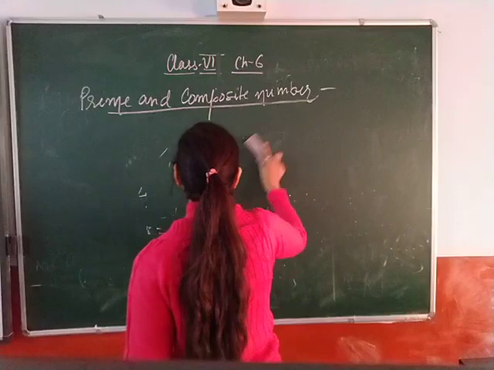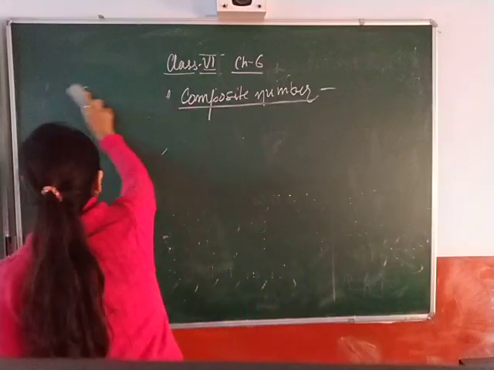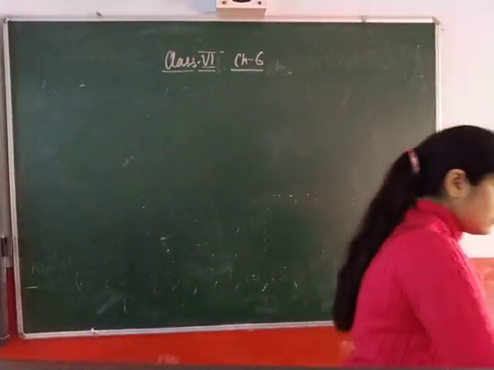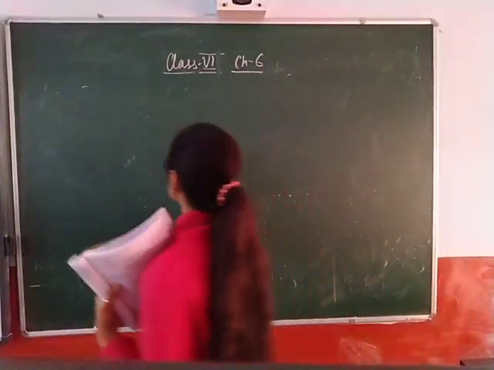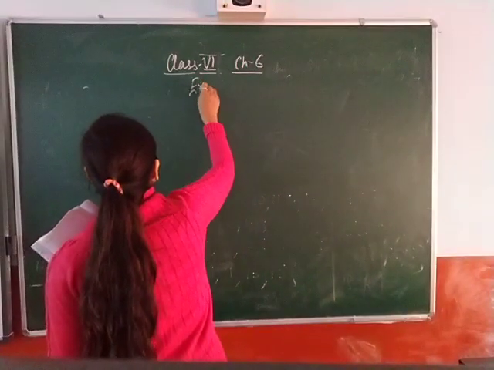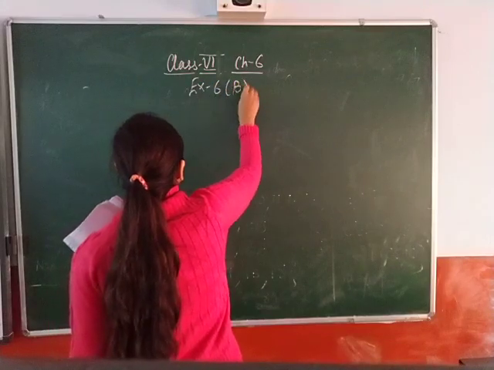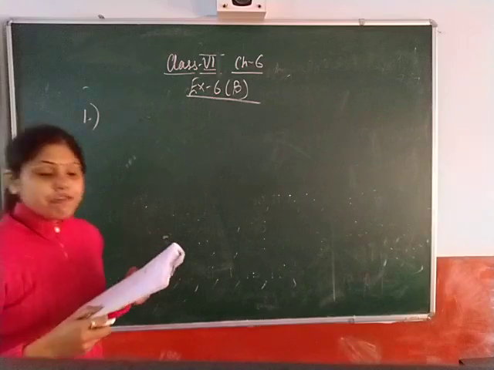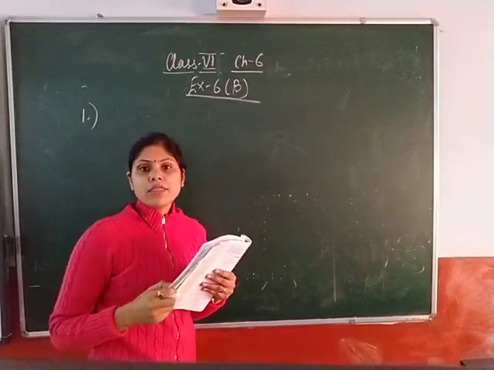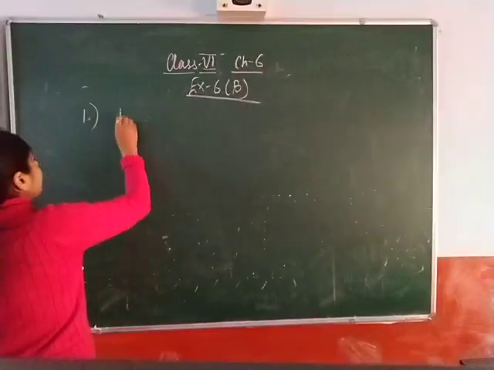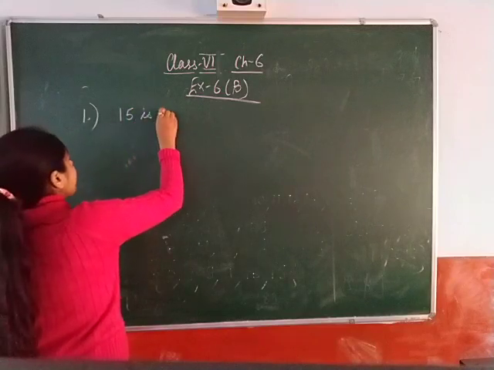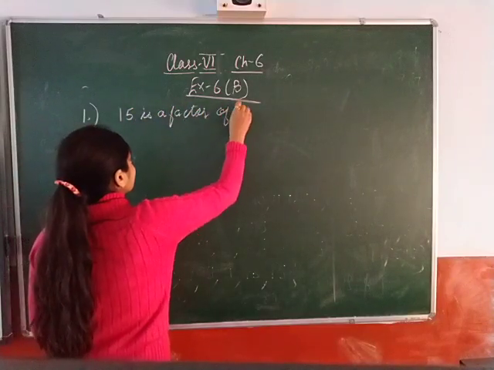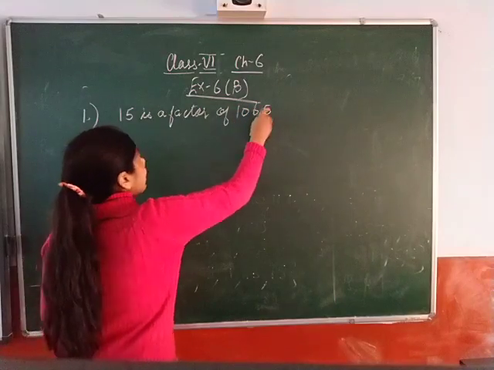Now come to the first question of exercise 6B. Show that 15 is a factor of 1065.